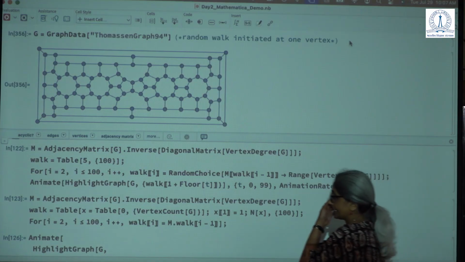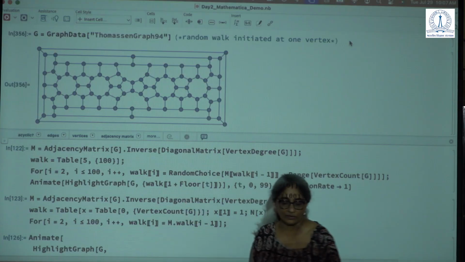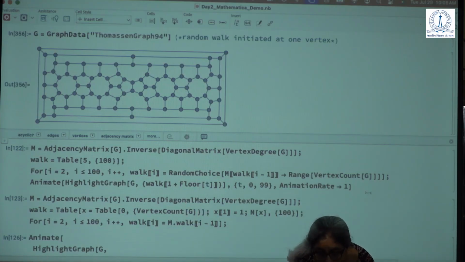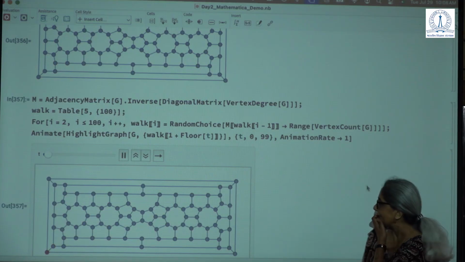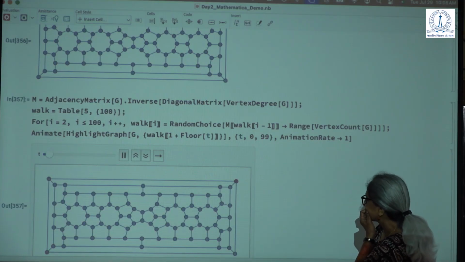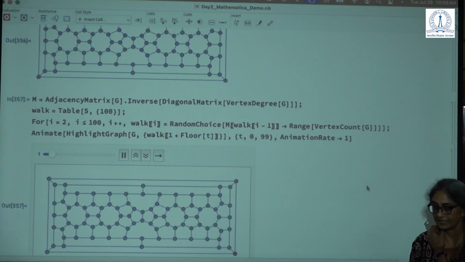And then it's going to start a walk. So it's going to start somewhere, and then it's going to do the walk. Let me show you the walk. I don't know if you can see the red vertex moving around. So we can just look at it for a bit.